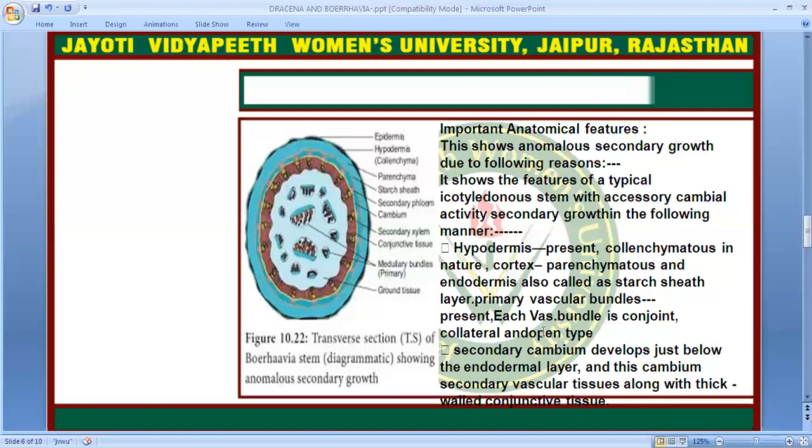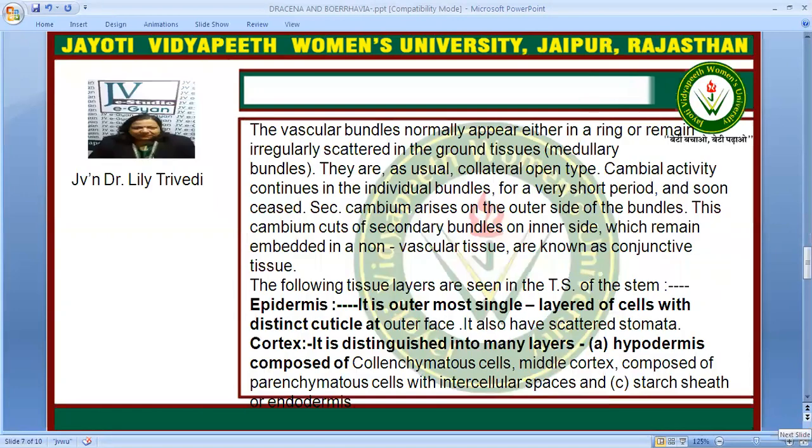Now secondary vascular bundles, there is a secondary cambium that develops just below the endodermal layer. Now this cambium with secondary vascular bundles is along with thick walled conjunctive tissue. Now let's go further. The vascular bundles appear either in a ring or remain irregularly scattered in the ground tissue.